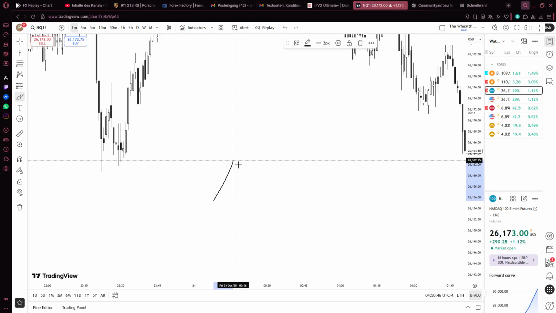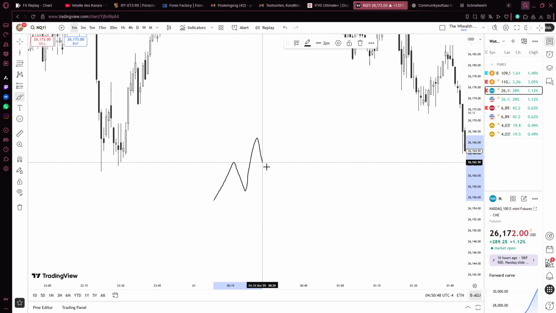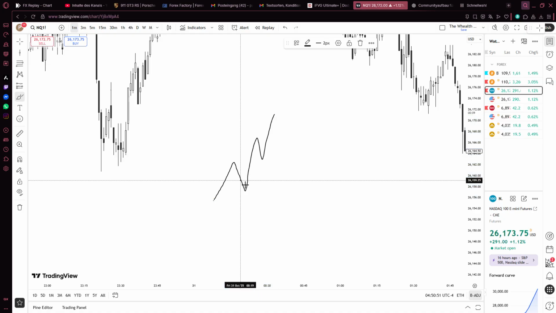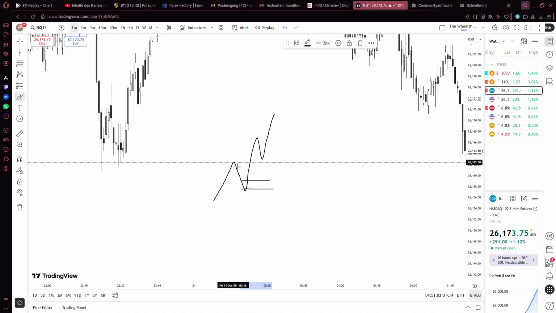So we see a high, and your order block would be down here because this is the last downwards candle for us to go higher. What is a breaker block? A breaker block is the last upwards candle.